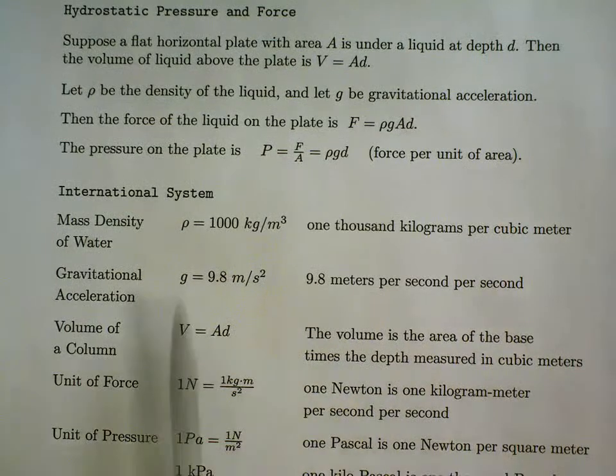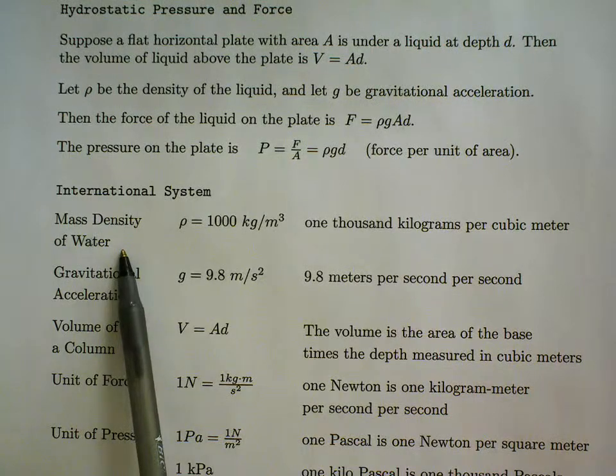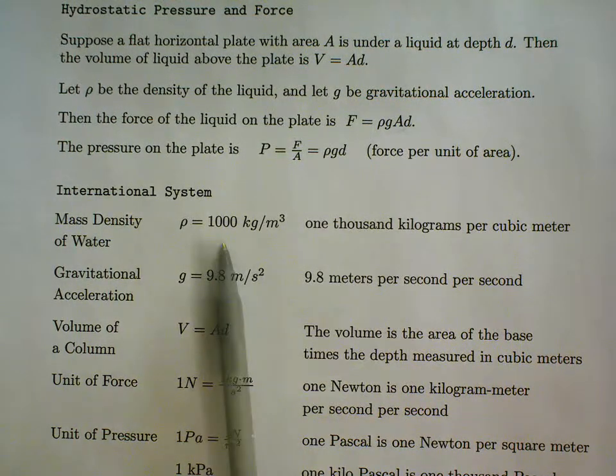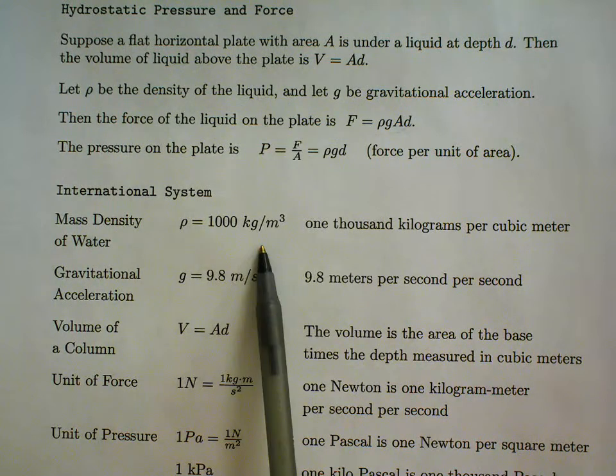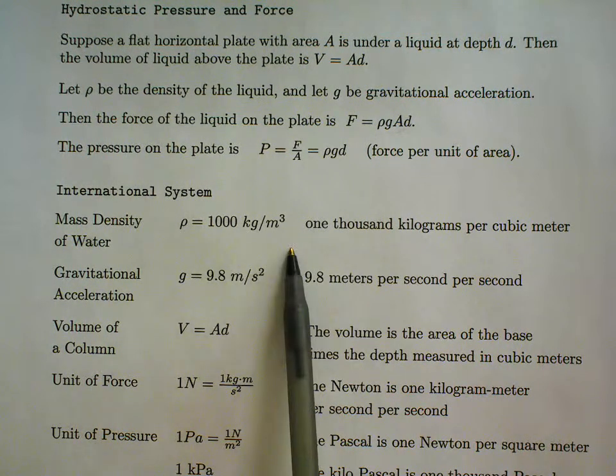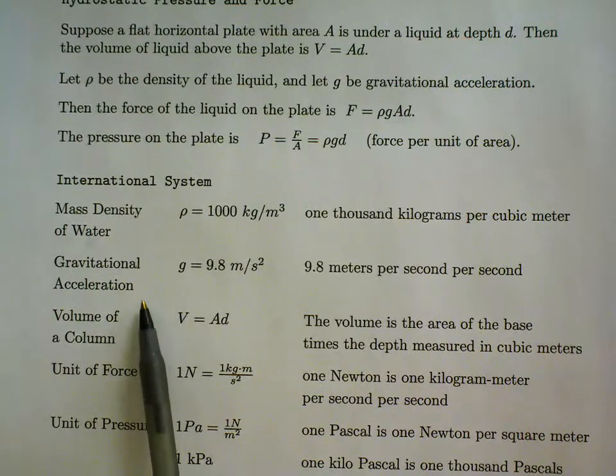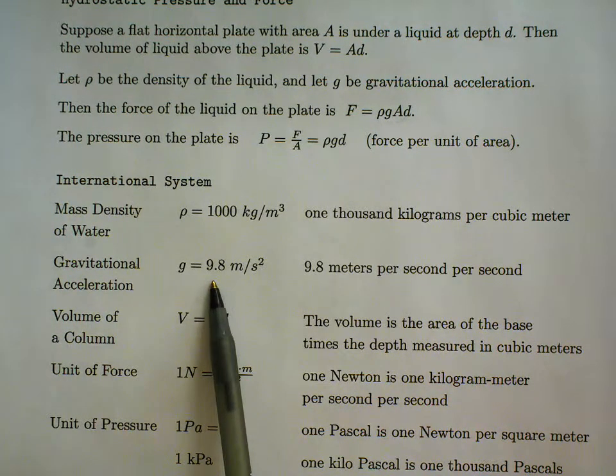In the international system, the mass density of water, represented by rho, is 1,000 kilograms per cubic meter. The gravitational acceleration is 9.8 meters per second per second.